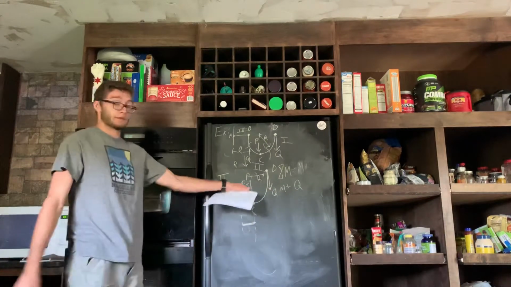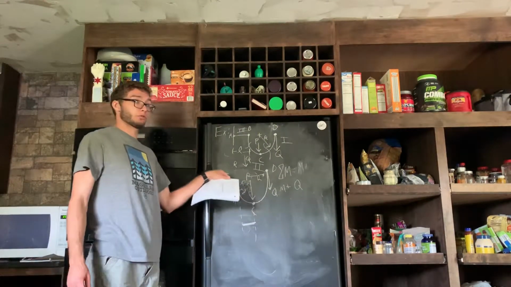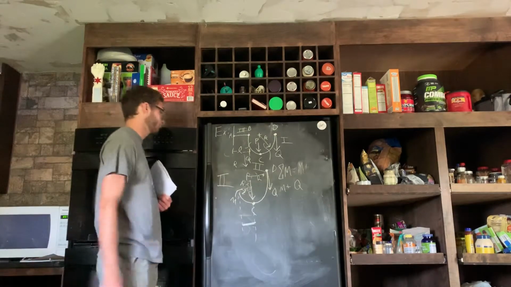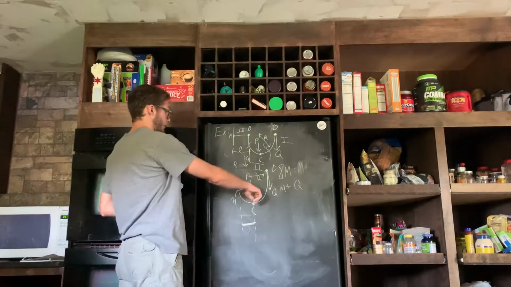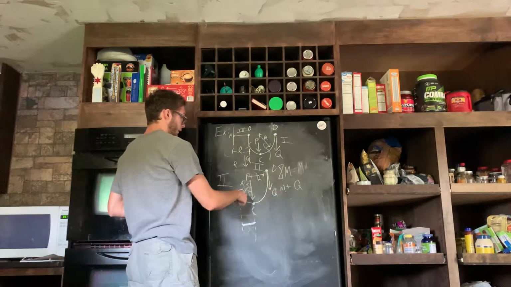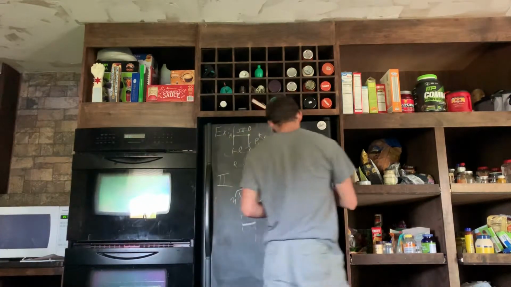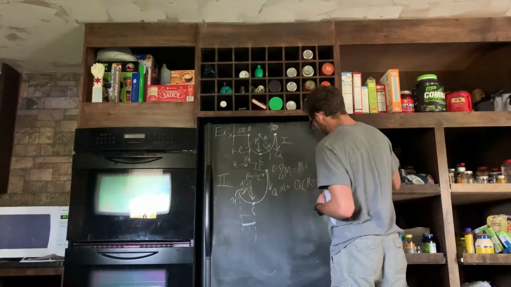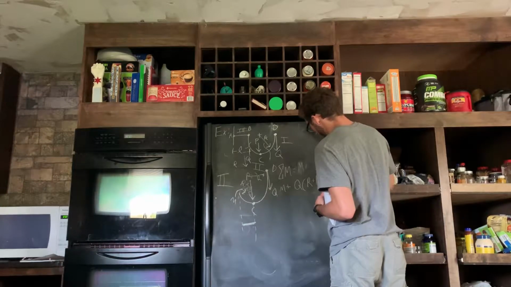And once again, theta is less than 90 degrees and greater than or equal to 0. So in this case, the moment for Q would be R plus R sine theta.